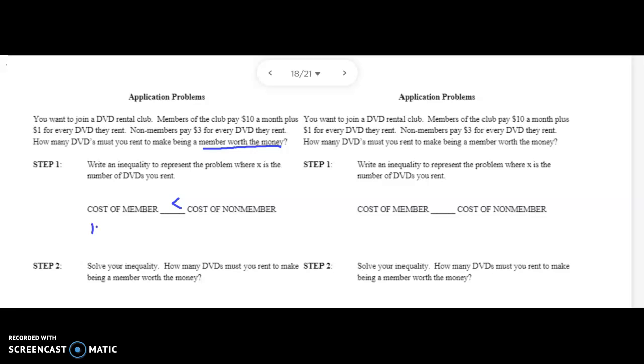So that's going to be 10 plus, and we're going to say 1D, let's say, right? 1 DVD, okay, is less than non-members pay $3 for every DVD they rent. So we're going to say 3D. Okay, so there's my inequality statement.